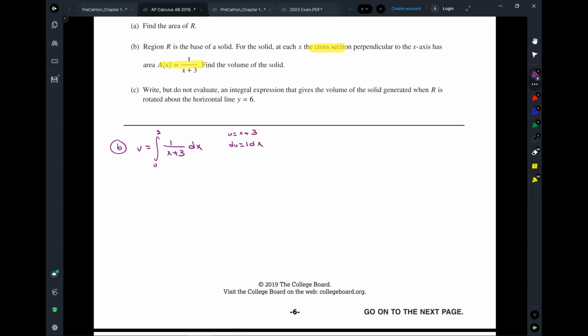So this is going to be 1 over u du. And what are the bounds? It's 3 to 5. And this is going to be ln of u from 3 to 5, ln of 5 minus ln of 3, and you can leave your answer like that.